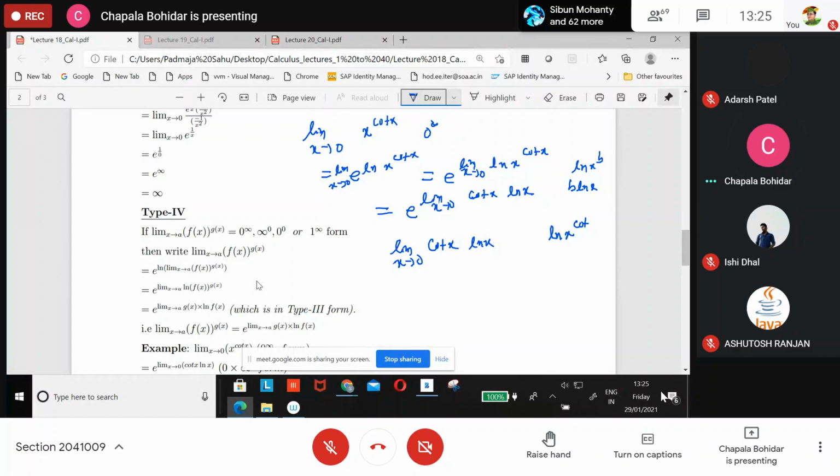I can write it is in the form cot x ln x. Ln 0 is undefined.